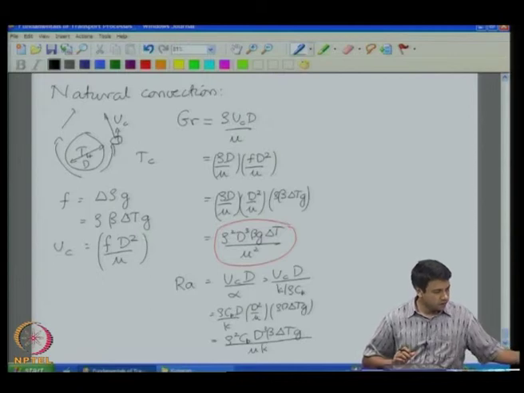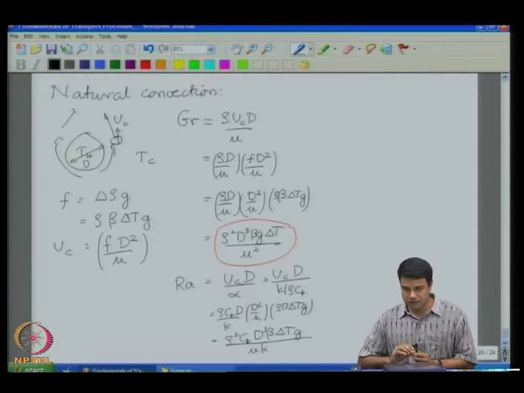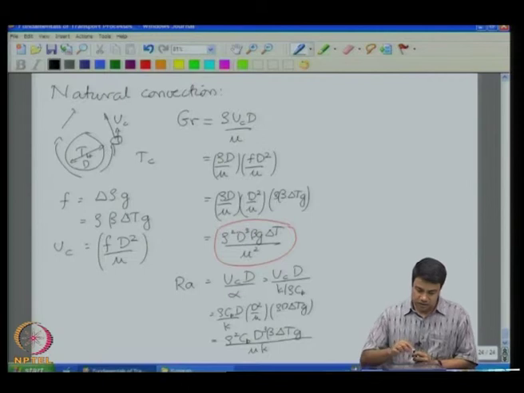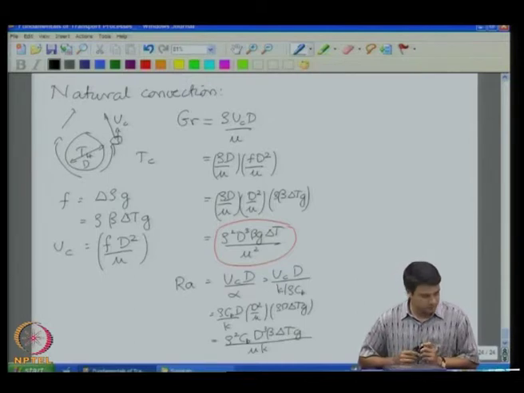So, if I had natural convection heat transfer, instead of having the Reynolds number, which is the ratio of inertia and viscosity, where the velocity that you take is the applied velocity in forced convection, in natural convection you have to take the velocity that is obtained due to the density difference, due to the buoyancy effects. So, the Nusselt number in that case will be a function of the Grashof number and the Prandtl number.